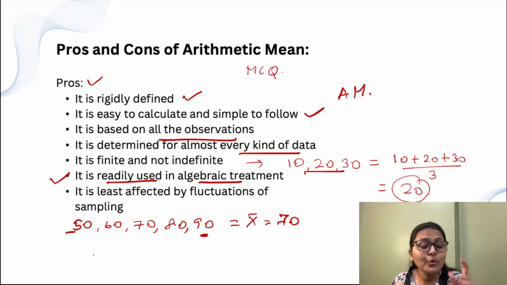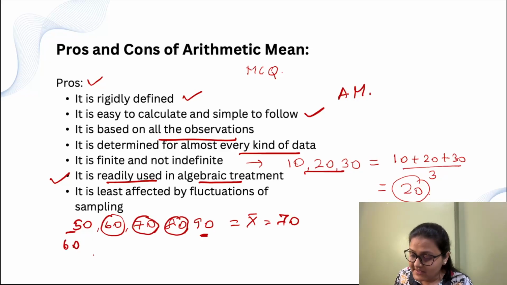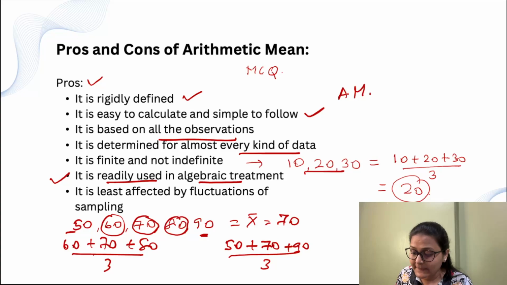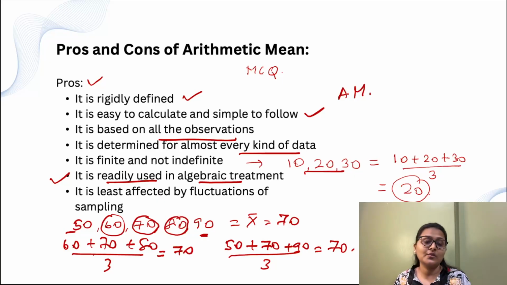Now, if we are going to take two random samples, suppose one is 60, 70 and 80, and then we are going to take 50, 70 and 90. Now what mean are we going to get? 70 and 70. Okay, we are going to get equal means.